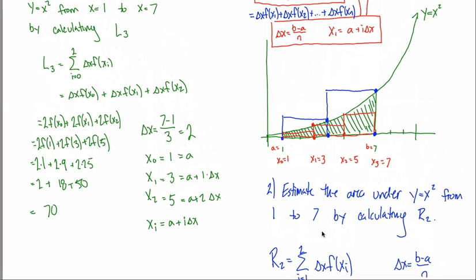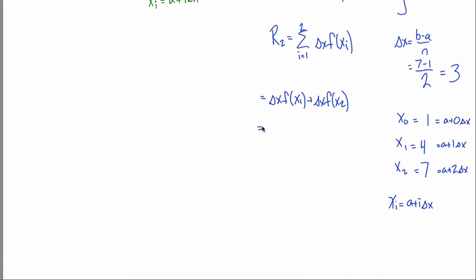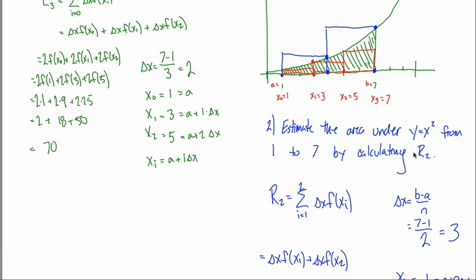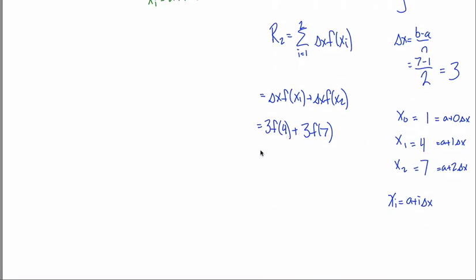Delta x, we already figured out, was equal to 3. f of x1 is just asking me for f of 4. And then for the second term, delta x is still 3. f of x2 is just asking me for f of 7. Because f of x here is y equals x squared, to get the output of these functions, I just square them.